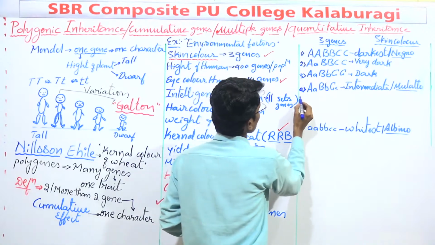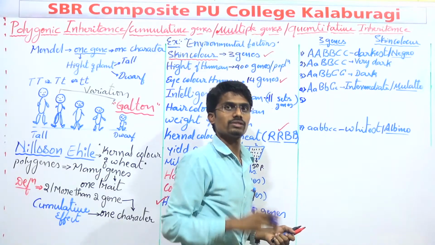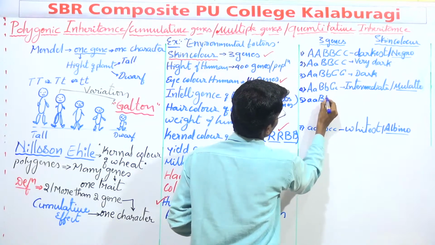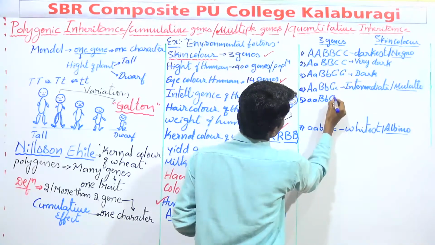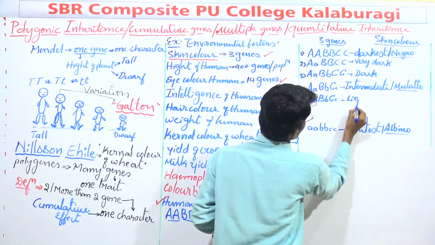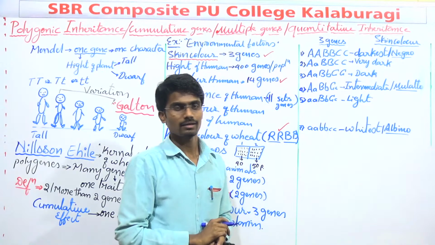In the fifth case, if one entire gene becomes recessive, small a, capital B, small b, capital C, small c, they are light in color.